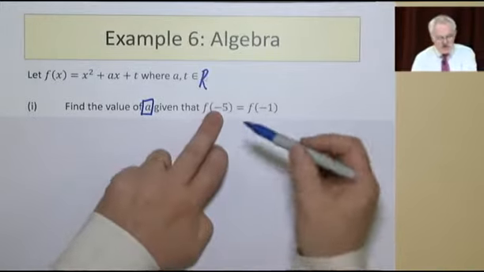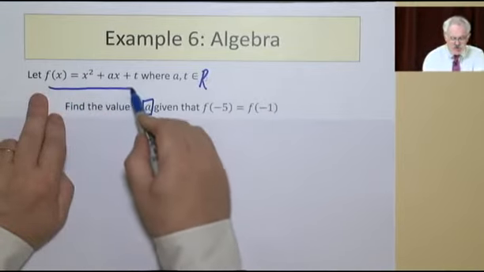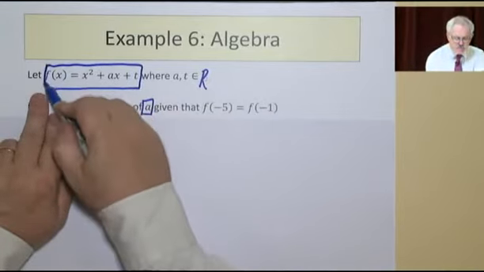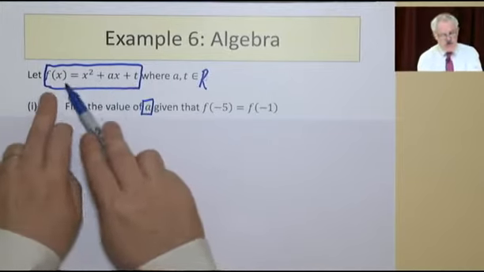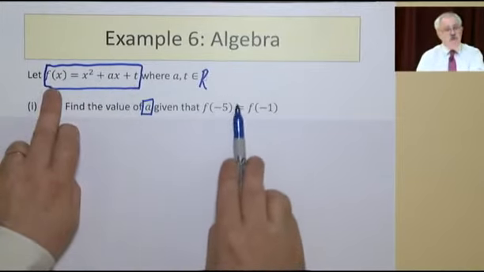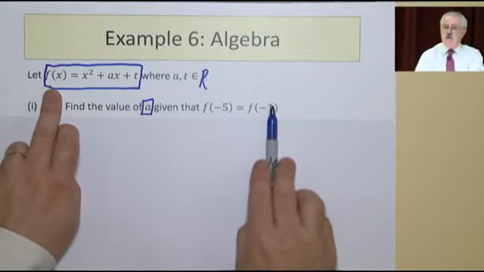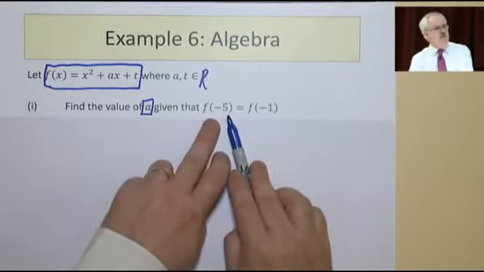What we're saying here is that x squared plus ax plus t is the general function, and we're told that f(minus 5) is f(minus 1). How would we find f(minus 5)?